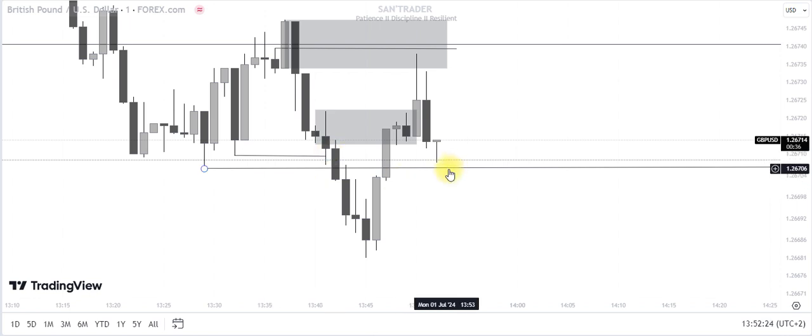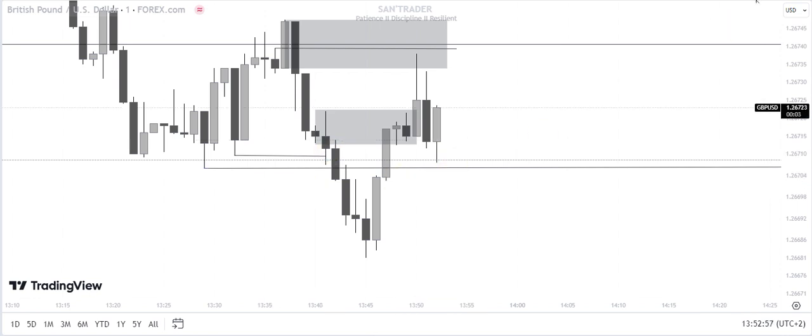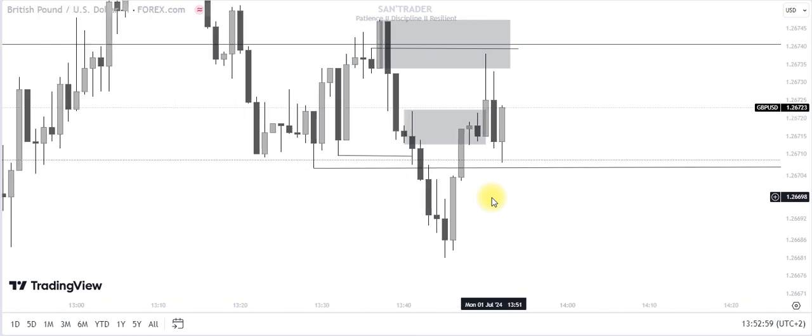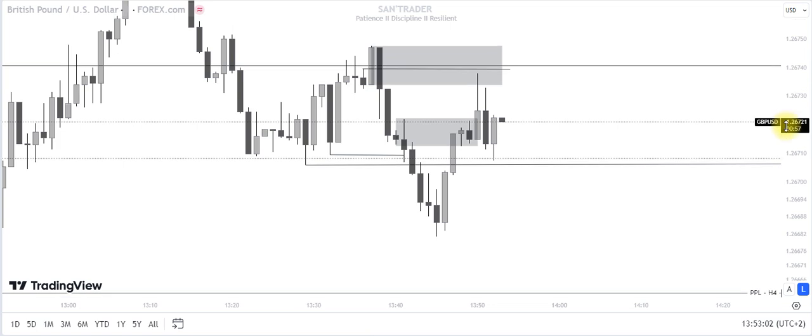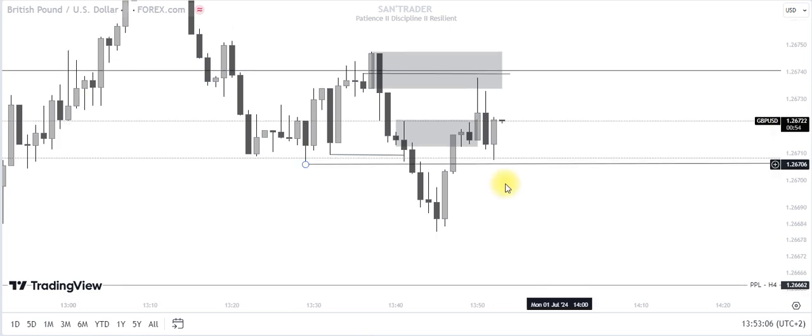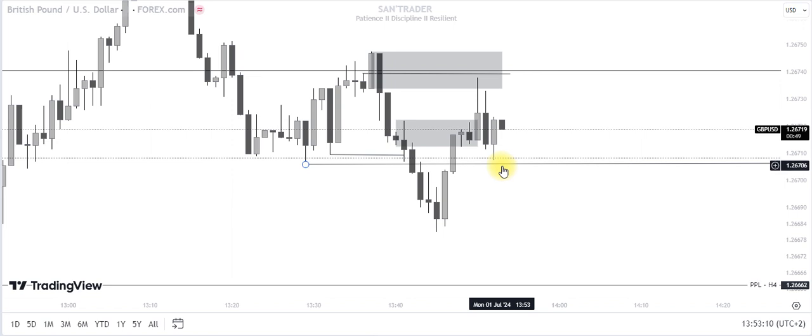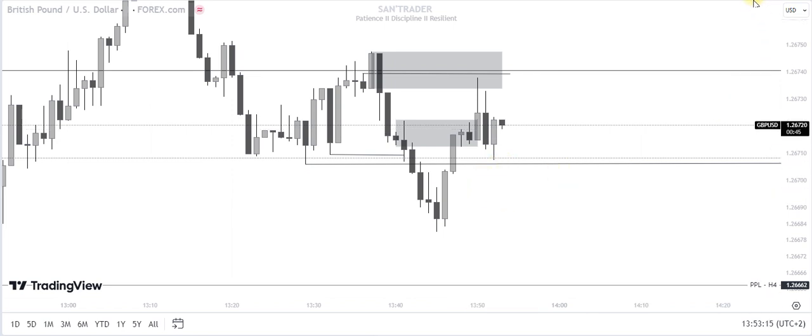So it came close, didn't take us in. Okay, guys, practice this on a live market. So they came close to this, but they failed to take us in. So it will happen at some point.